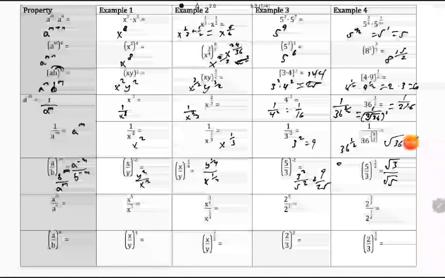So remember, before I do that, this is just 3 to the 1/2, 5 to the 1/2. Whenever you see 1/2, that's square root. Okay? So I'm going to multiply top and bottom by square root of 5. And I will get square root of 15 over 5.